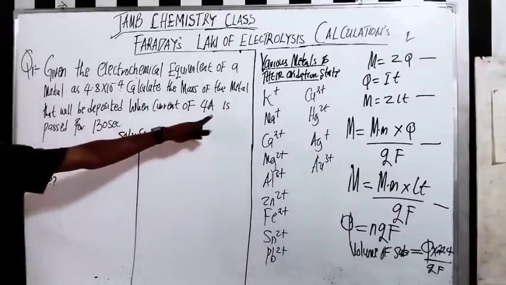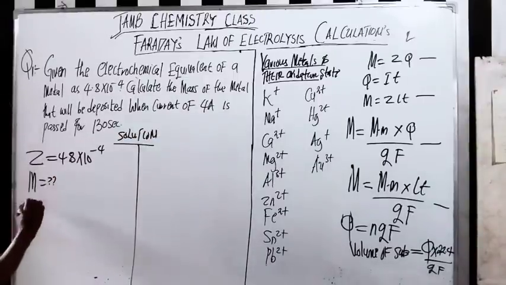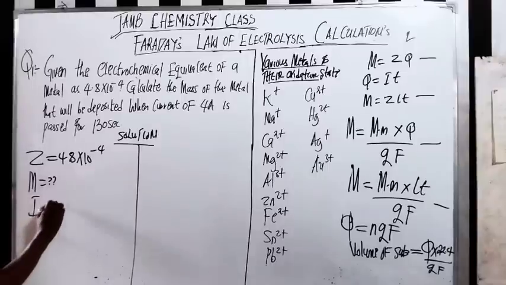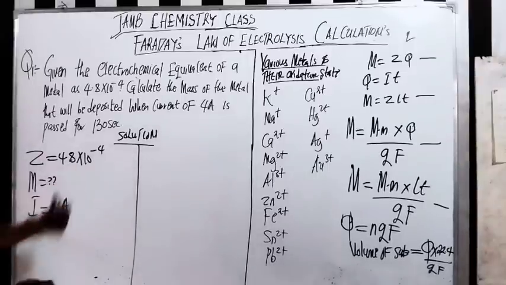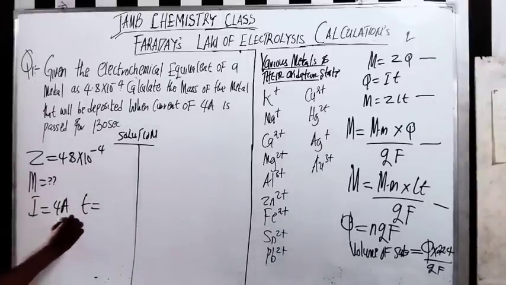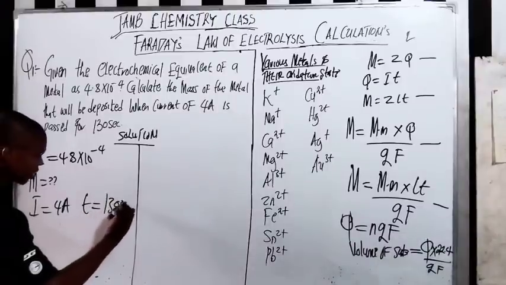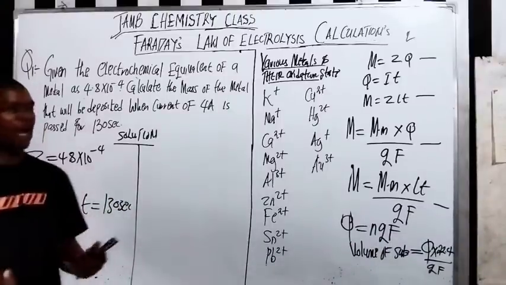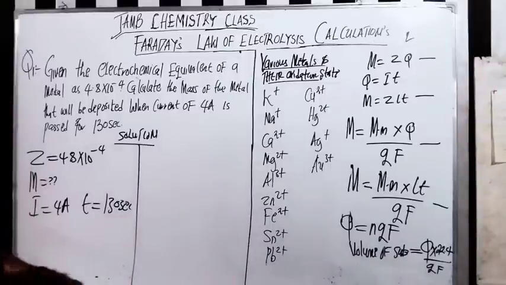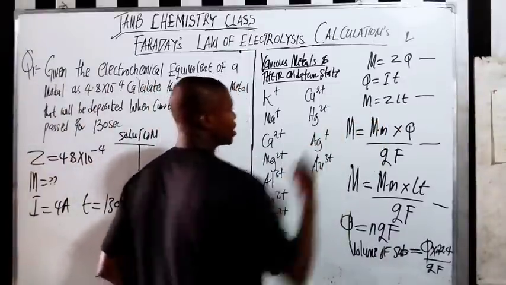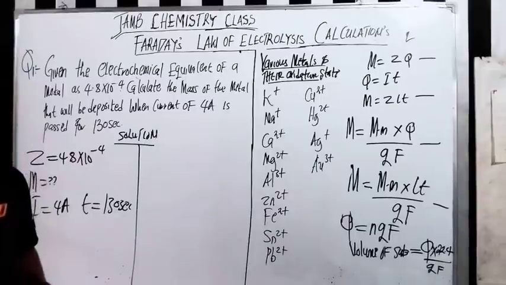Now they give us the current I as 4 A. Can you see that? Then my time is 130 seconds. So which formula are we going to use here? We are going to use the formula M = ZIT.